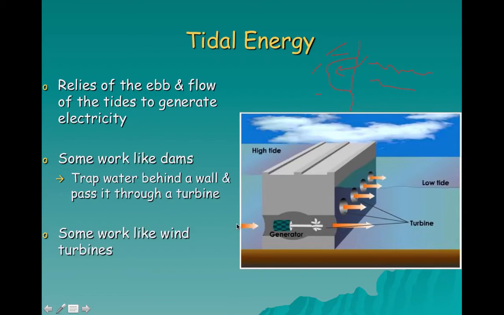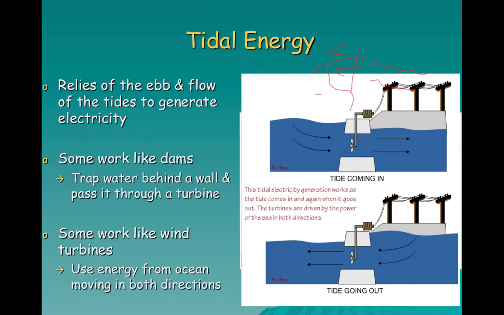And there are other types of tidal energy that work kind of like a wind turbine. This uses energy from the ocean, which moves in all directions. I really like this diagram as it's animated. You can see that this would be more in the middle of the ocean, not necessarily in an inlet like this.